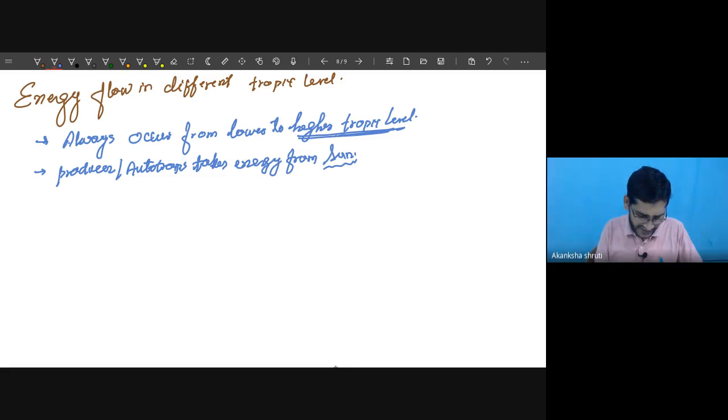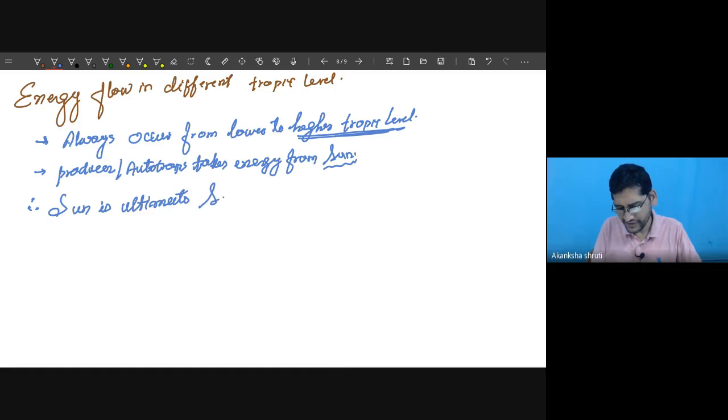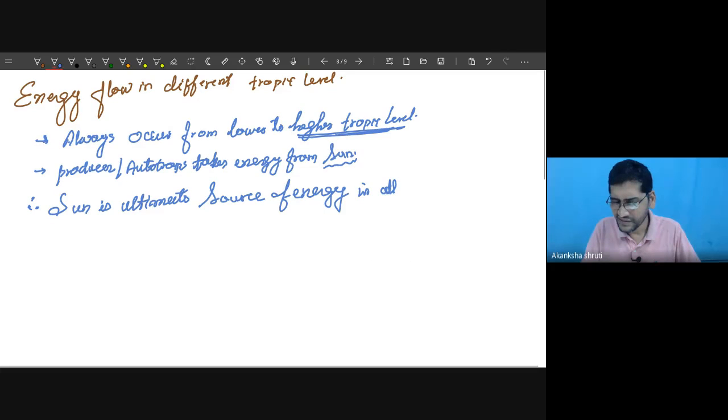So considering that statement, therefore, the sun is the ultimate source of energy in all ecosystems or in our biosphere. That is one thing.